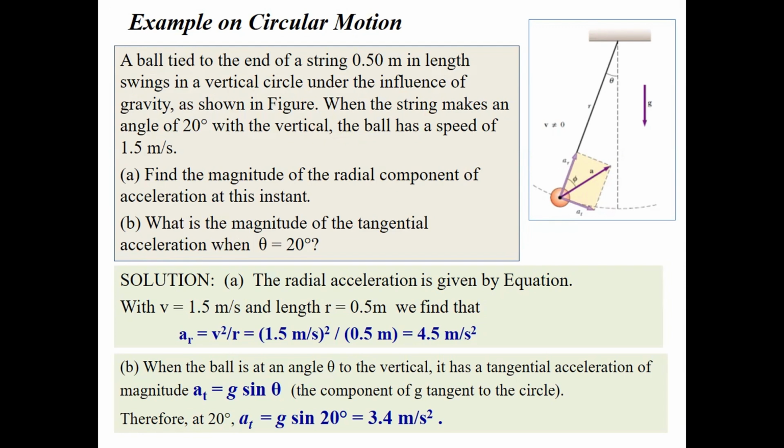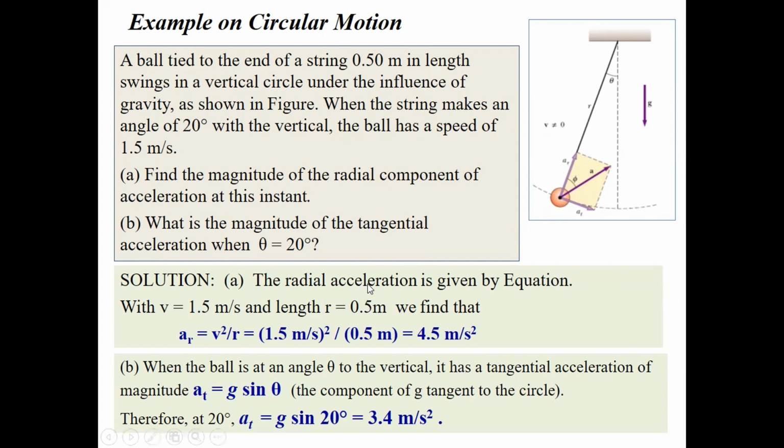When the string is making an angle of 20 degrees with the vertical, the ball has a speed of 1.5 meters per second. We are asked to find the magnitude of the radial component of the acceleration and the magnitude of the tangential component of acceleration when theta is equal to 20 degrees.